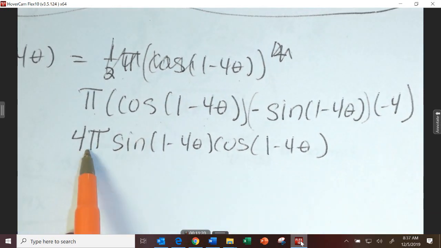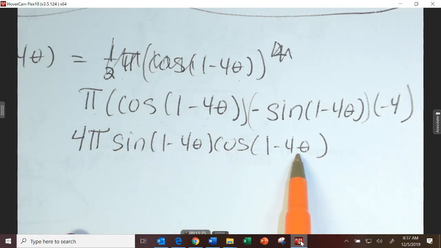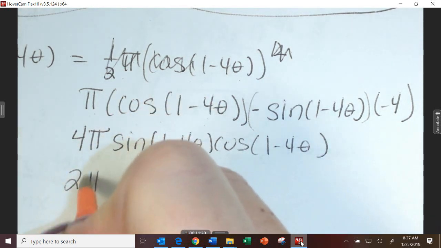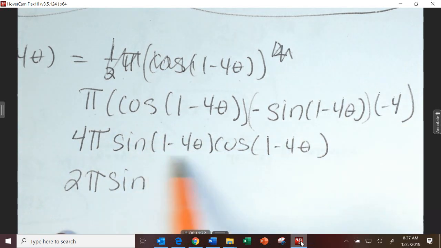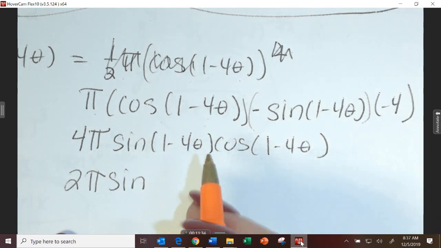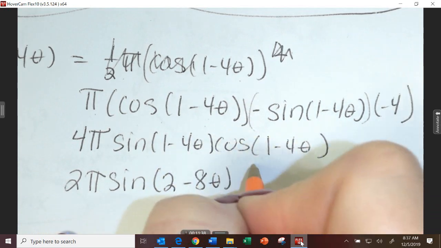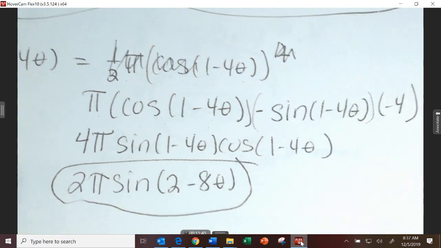And now do you see this pattern? A, sine u, cosine u. So what do I do with this? Divide it by 2, and then I do the sine, and what do I do to this angle? Double it, and double the whole thing. So it's 2 sine of 2 minus 8 theta. That's what the answer should be.